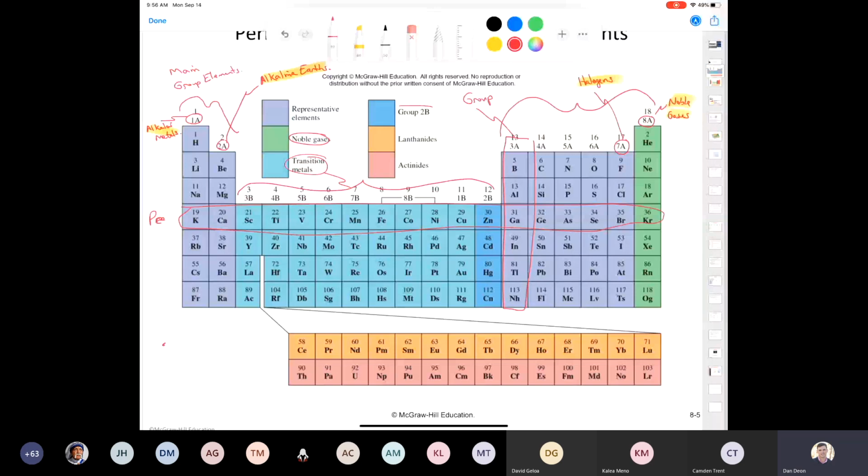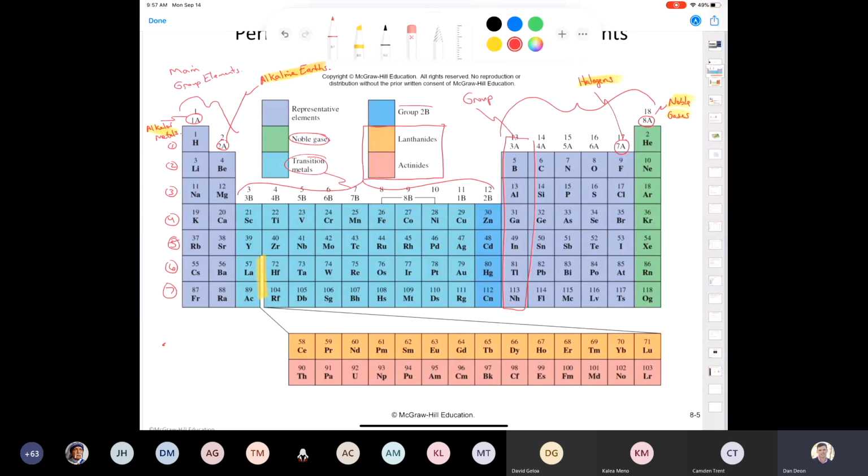The periods, we have period 1, period 2, period 3, period 4, period 5, period 6, period 7. And then you notice that we have a break here. We call these ones down here the inner transition metals, the lanthanides and actinides.